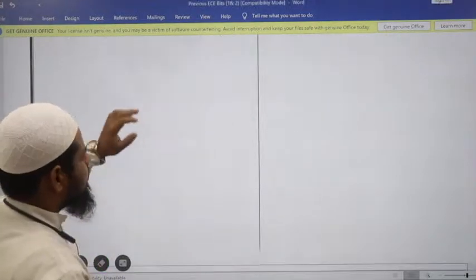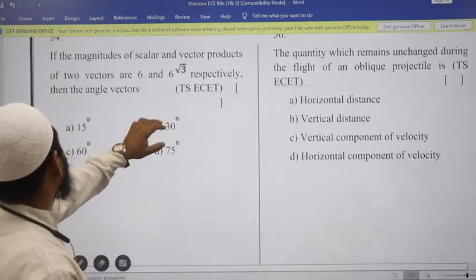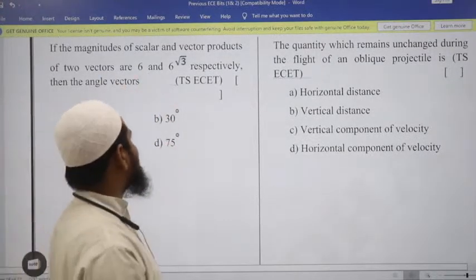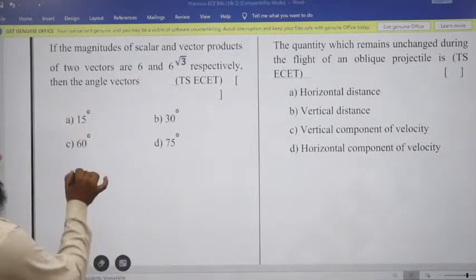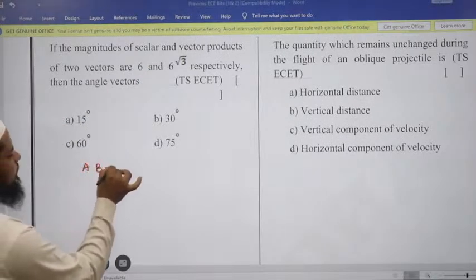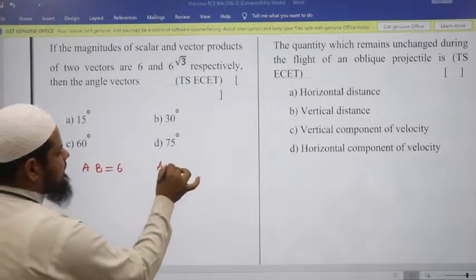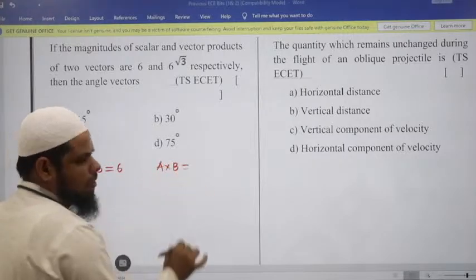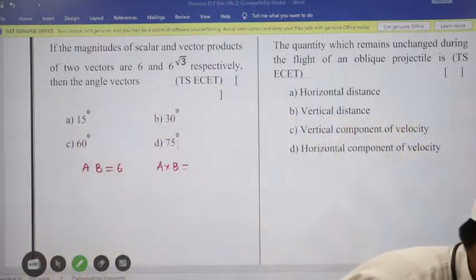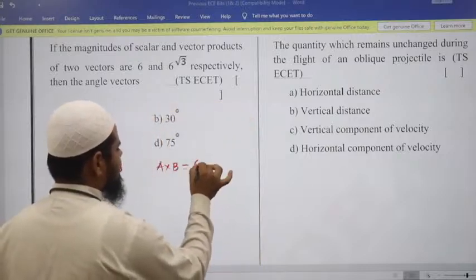Now move on to the actual problem where we were. The magnitude of the scalar product and vector product: A dot B is given as 6, and A cross B is given as 6 root 3.